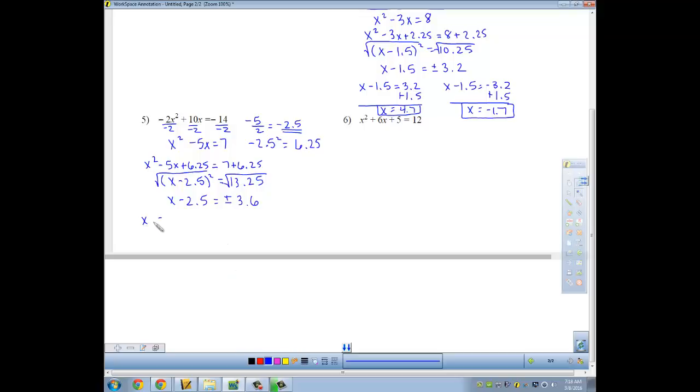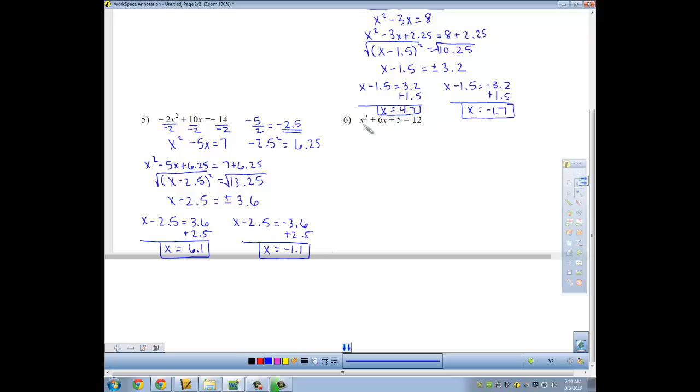We got x minus 2.5 equals positive 3.6 and x minus 2.5 equals negative 3.6. So the equation on the left, add 2.5 to get x equals 6.1. And then the equation on the right, add 2.5 to get x equals negative 1.1. So those would be my two solutions.